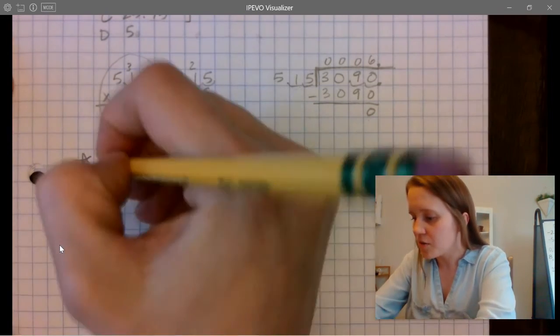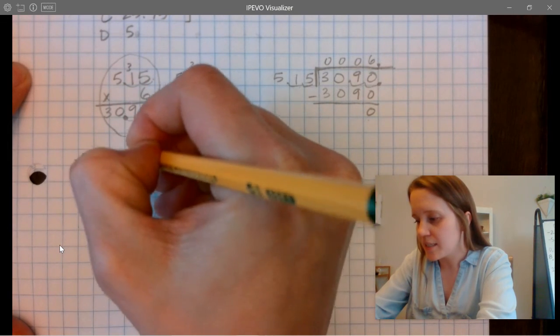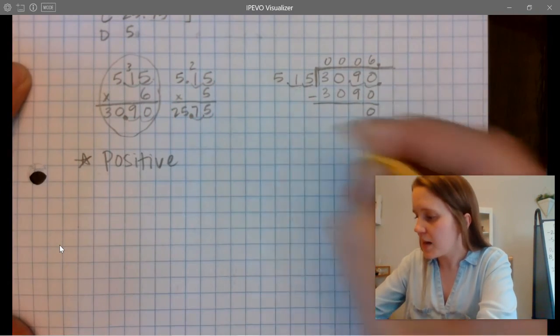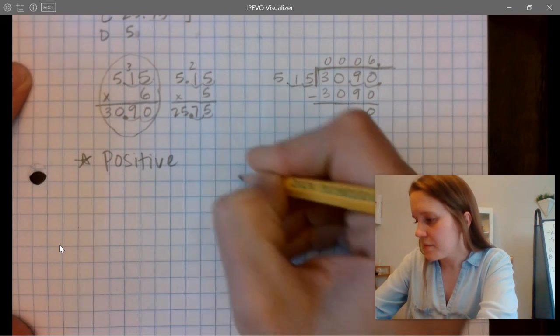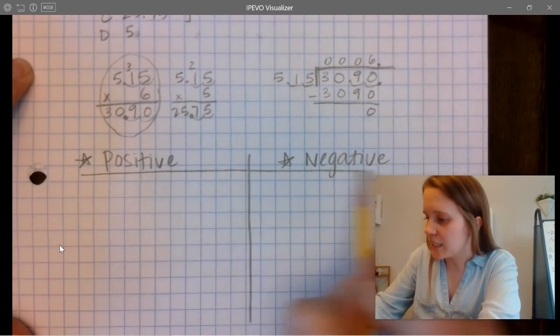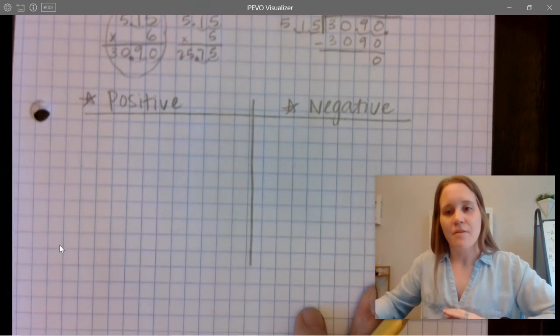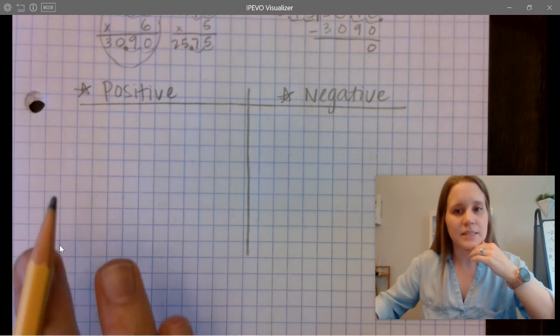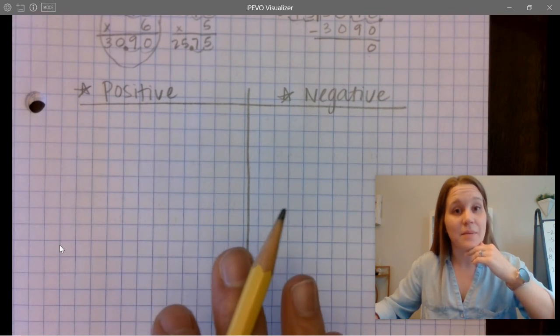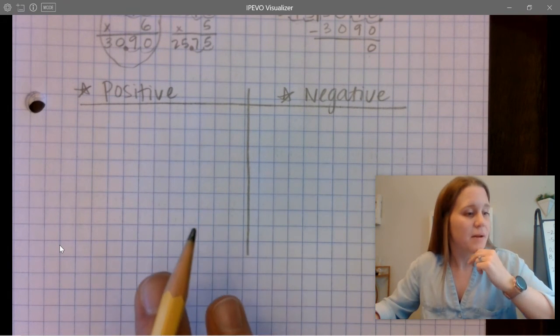So let's take a quick note. Can you please write almost like a T chart with positive and negative? And let's just list some examples from word problems or real life that create positive change or negative change, since we're talking about using positive and negative numbers.